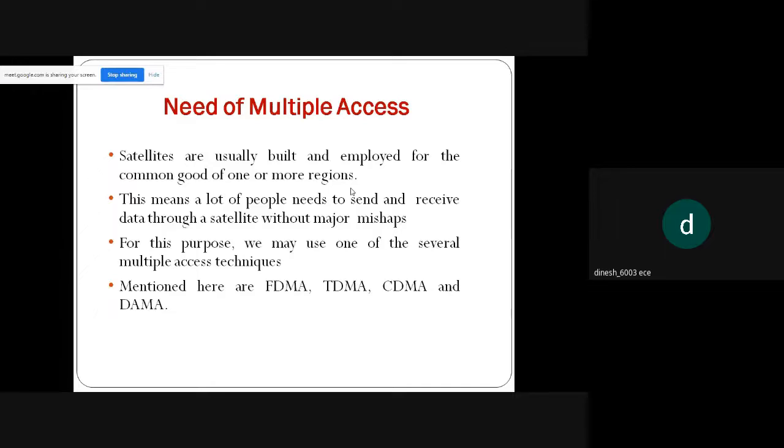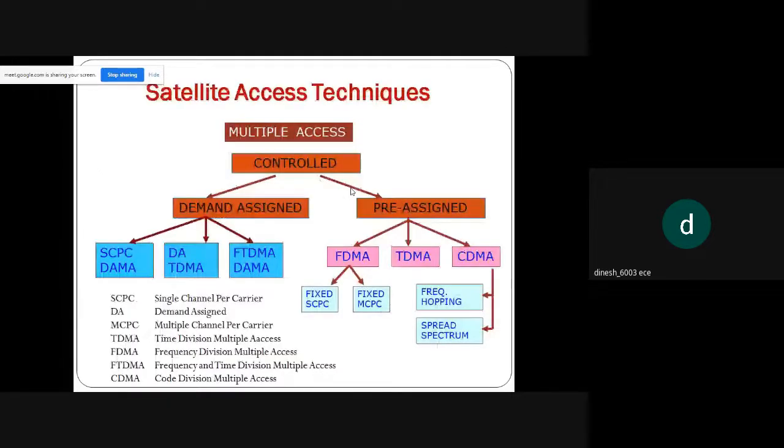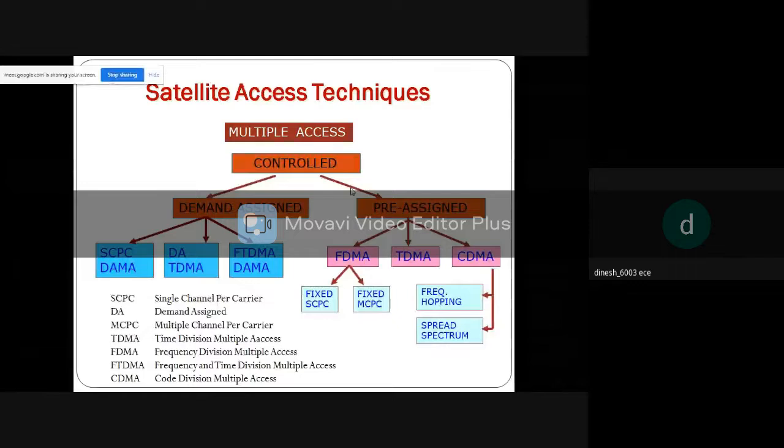So the satellite access techniques are classified as such: pre-assigned and demand assigned.